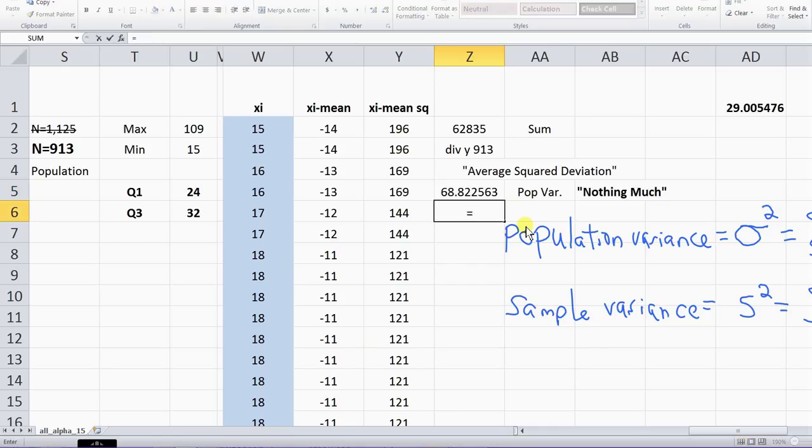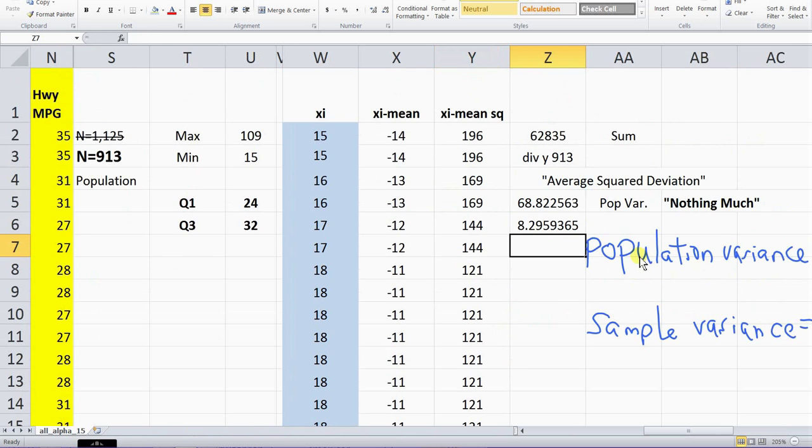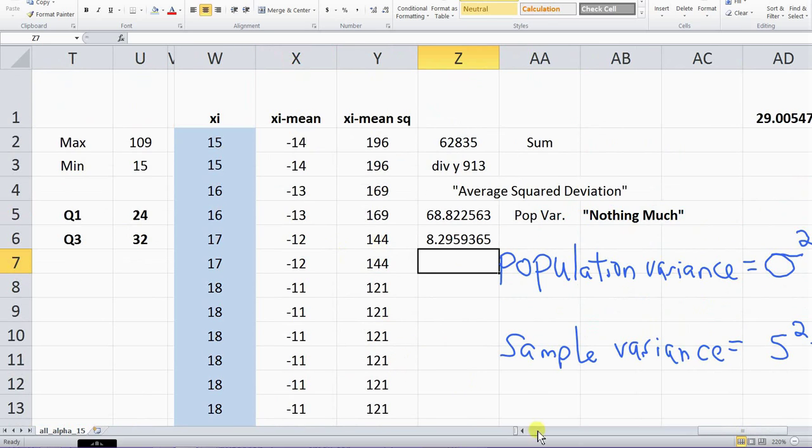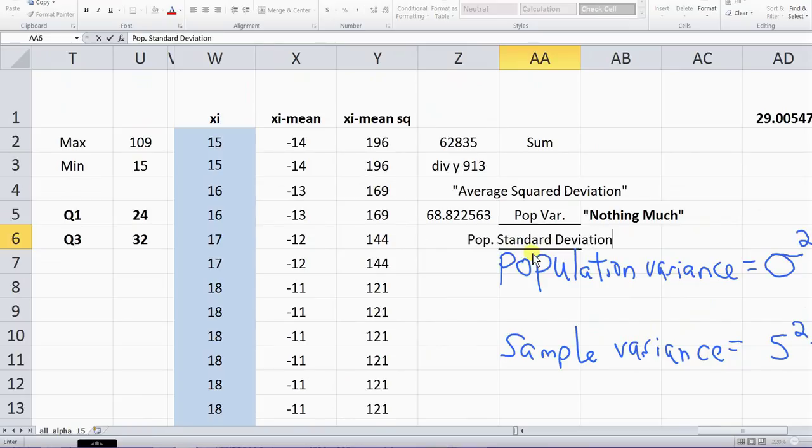So equals SQRT is one way to do the square root in Excel. And let me zoom in just a little more because I know some of you might be watching on a small screen. And the standard deviation, so this would be the population standard deviation, is about 8.3. That actually has a meaning. The standard deviation is, in my opinion, the most important measurement in statistics.